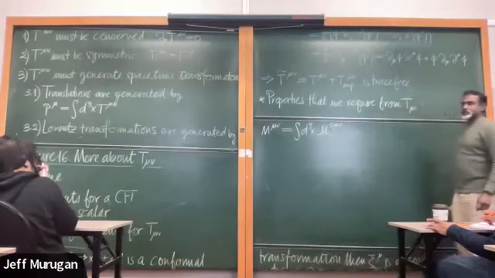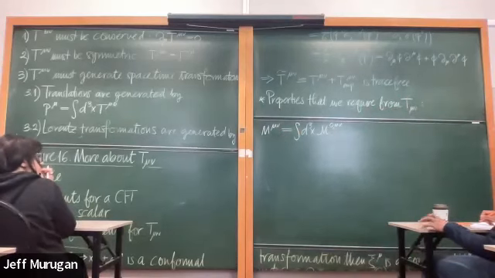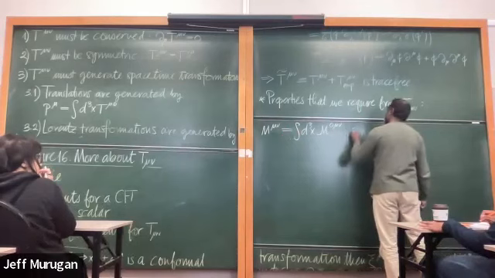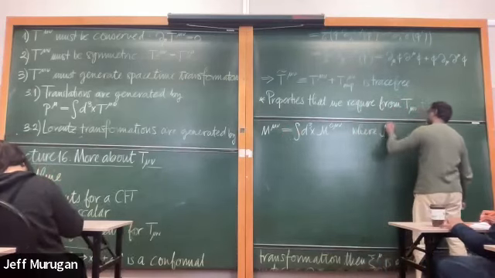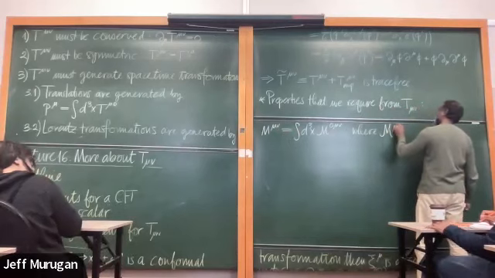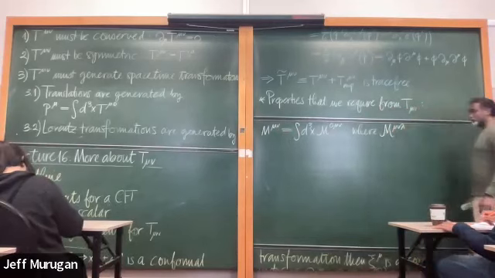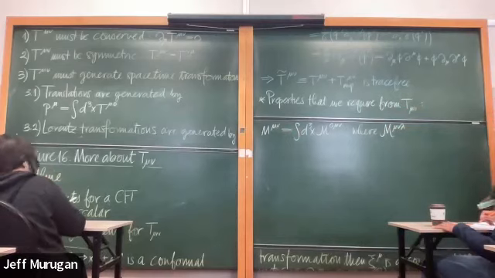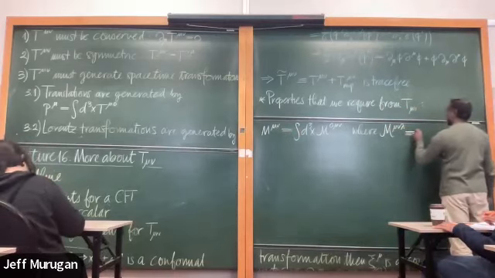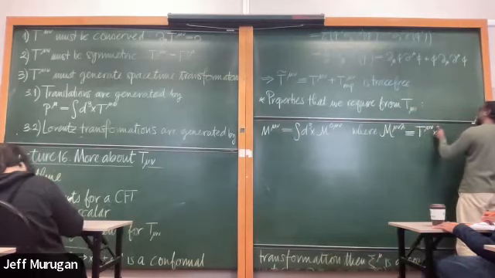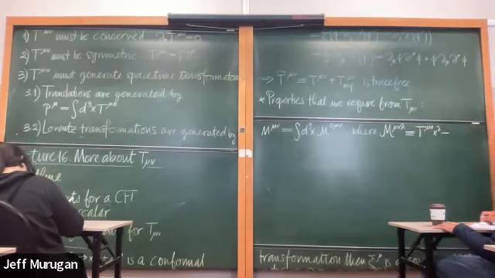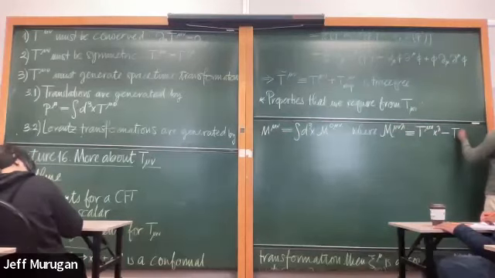The third I'll fix will be the time component, where this curly M mu nu lambda is defined to be T mu lambda x nu minus T nu lambda x mu.